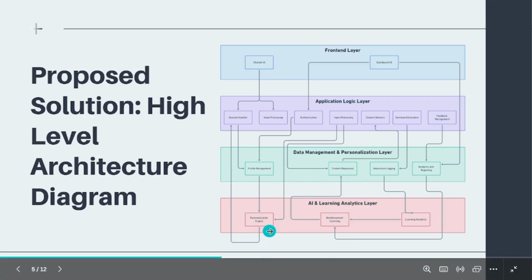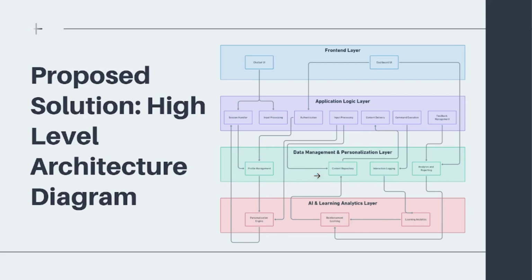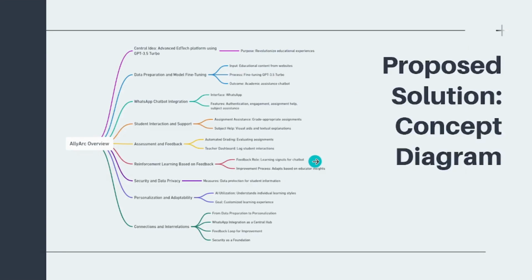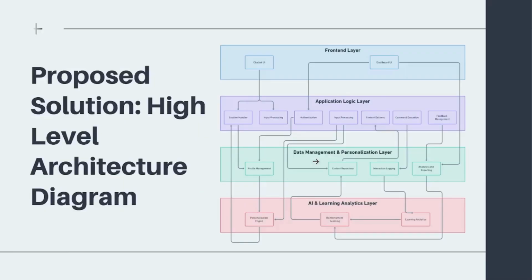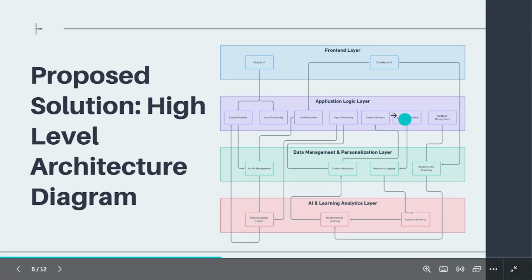and then that's once again passed the AI and learning analytics layer and passed back to the student. Once again, content repository of what the student chats of the content which is basically for the data set, and also interaction login. So all of this is connected with the input processing of how the student chats, what are the feedback the teacher gets, all of it.